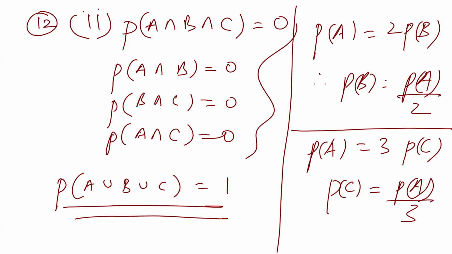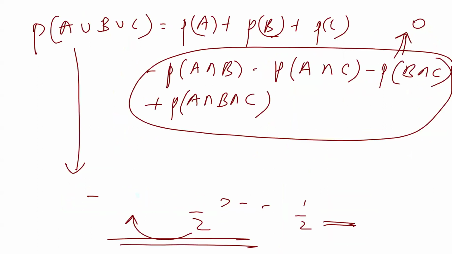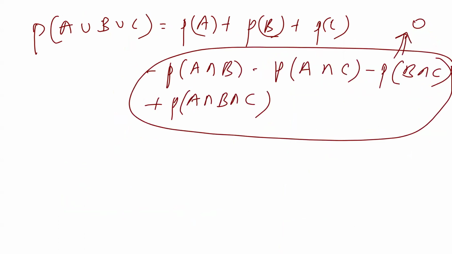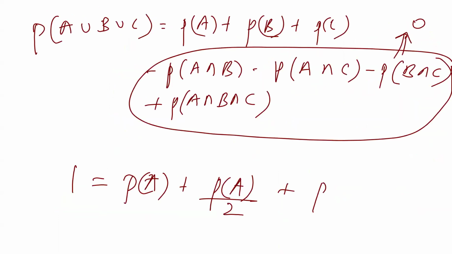Okay, now we'll write down this addition theorem once again. For three sets, the intersection everything becomes 0. So 1 is equal to P of A plus, we calculated the value of P of B. So P of B is nothing but P of A upon 2, and P of C is nothing but P of A upon 3.